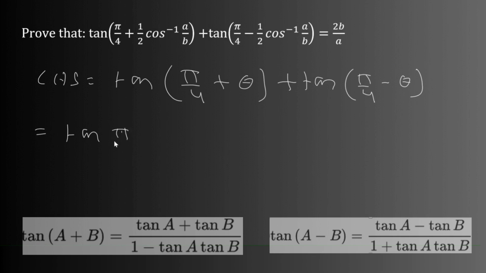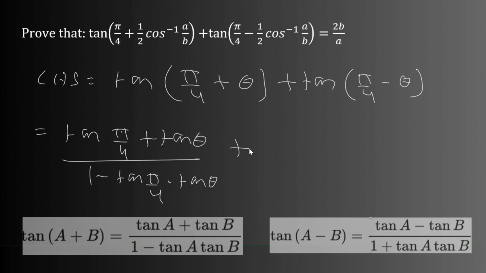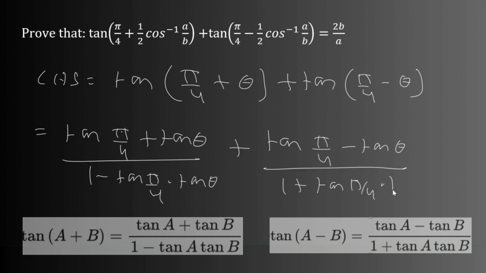That is tan A plus tan B divided by 1 minus tan A tan B. And this is tan A minus B, which is tan A minus tan B over 1 plus tan A into tan B.